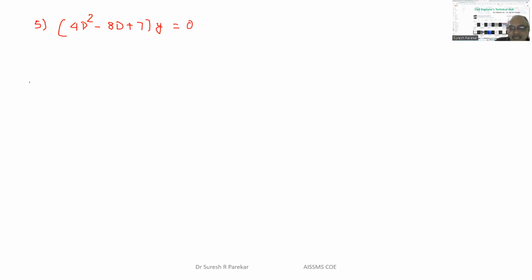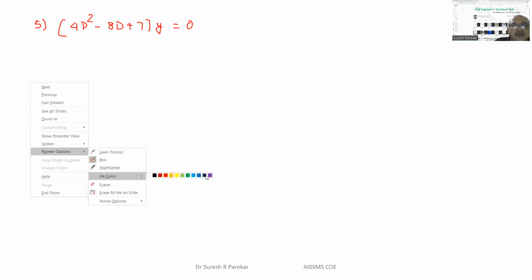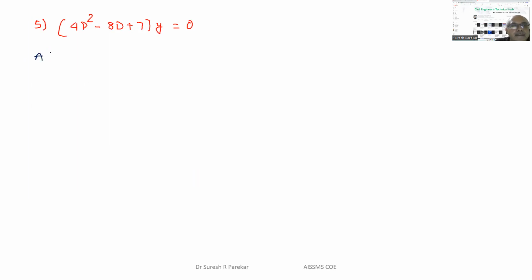And then this is again the symbolic or characteristic equation. Now we will go with the auxiliary equation. So we have 4m square minus 8m plus 7 equal to 0.